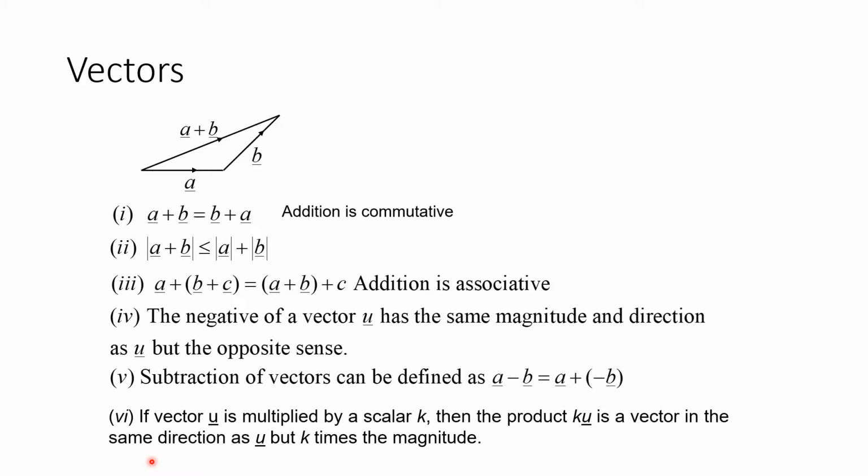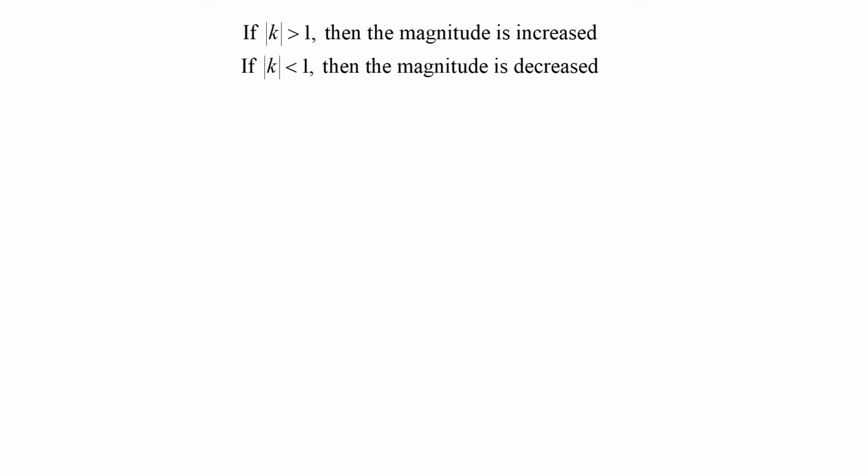So what happens is it's just that the magnitude increases K times, depending on the different scalar value that is being multiplied with a vector. So it will decide how the magnitude increases or decreases.